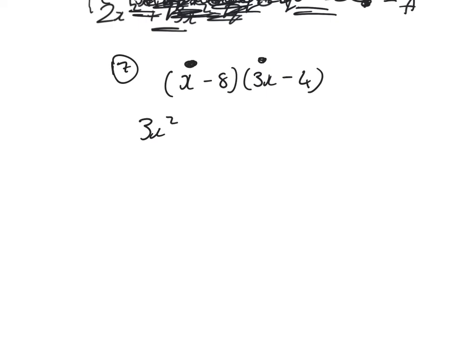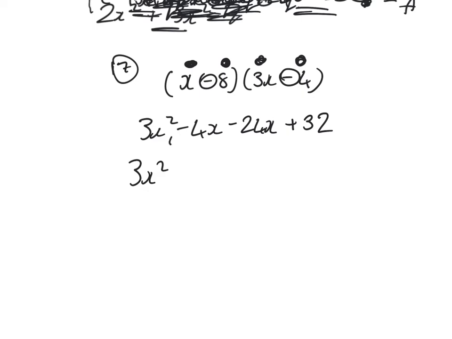Okay, example 17, (x minus 8)(3x minus 4). Firsts, x times 3x is 3x squared. Outsides, x times minus 4 is minus 4x. Insides, minus 8 times 3x is minus 24x, and last minus 8 times minus 4 is plus 32.